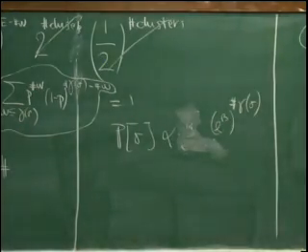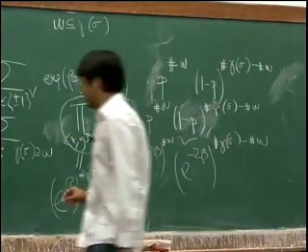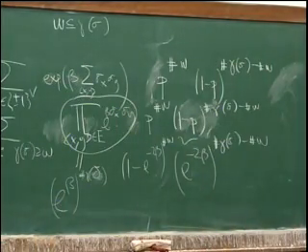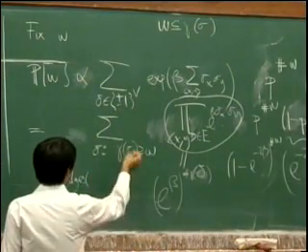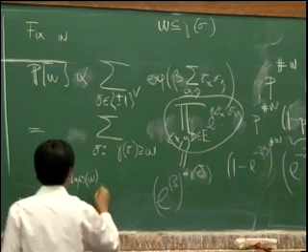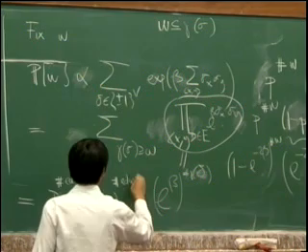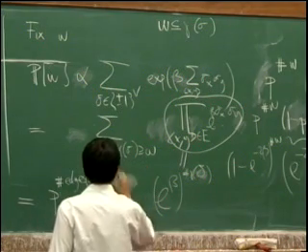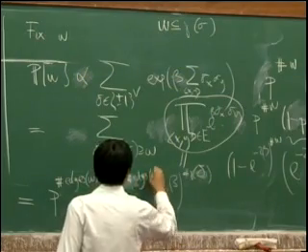So I should just use this thing here, and what I get in the end is something that simplifies, and I get p to the number of edges of omega times 1 minus p to the number of edges of E minus the number of edges of omega.